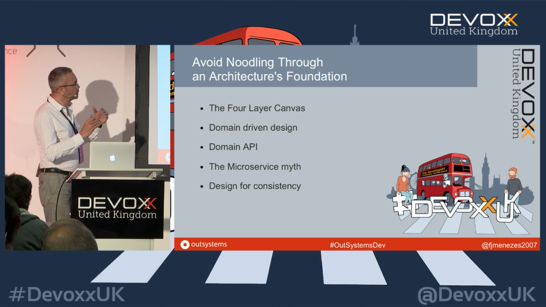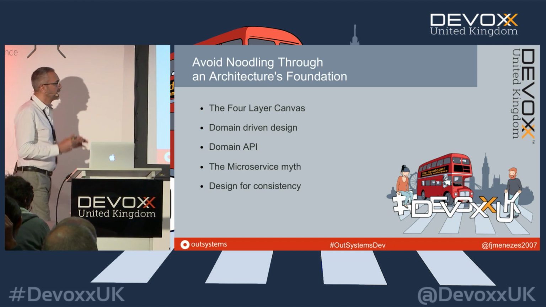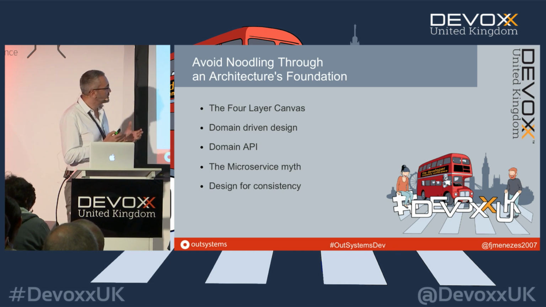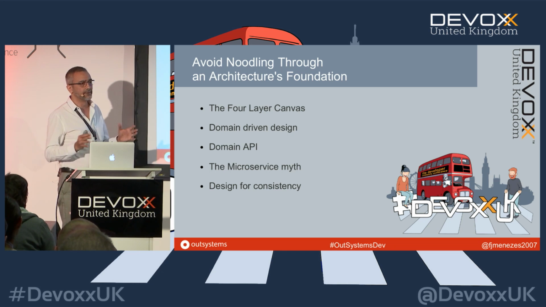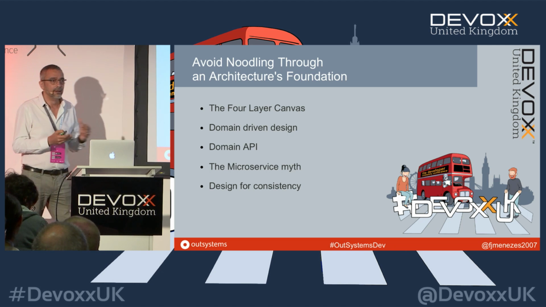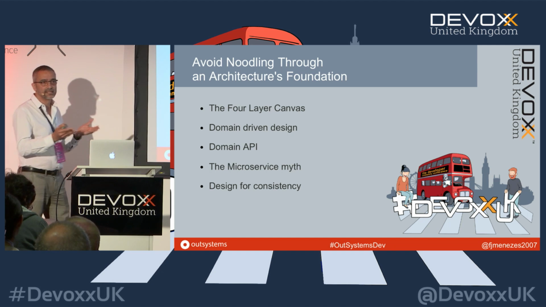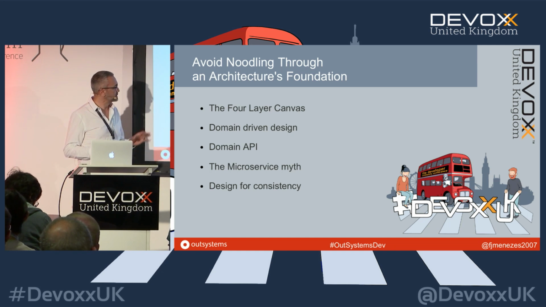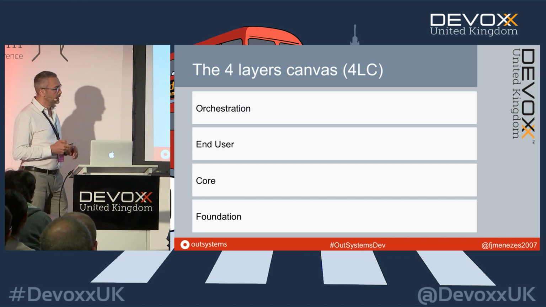I will then try to cope with the microservice principles, trying to lighten up a little bit the myth, because some people just think that microservices is something that we all need to do right now, but we need to have the proper balance and understand when it should be used and when not. And I will finish with some recommendations about designing for consistency.